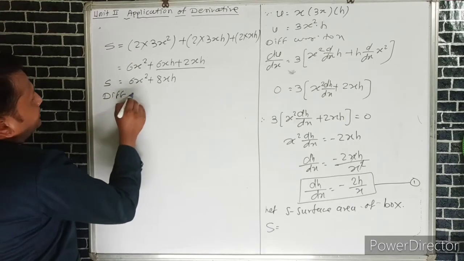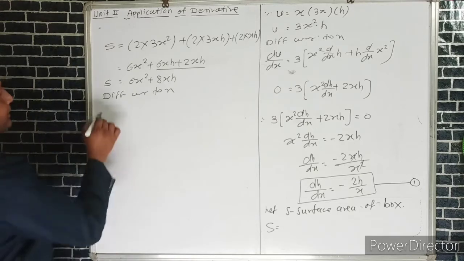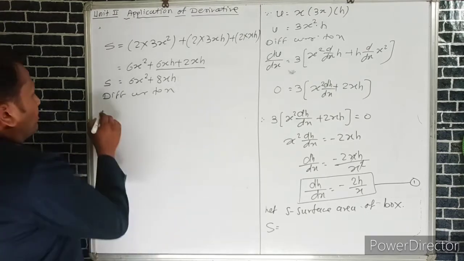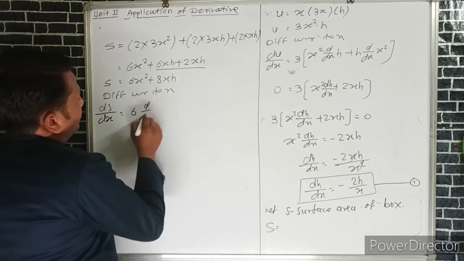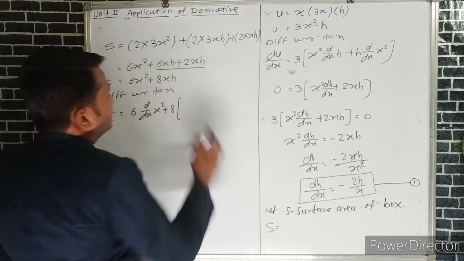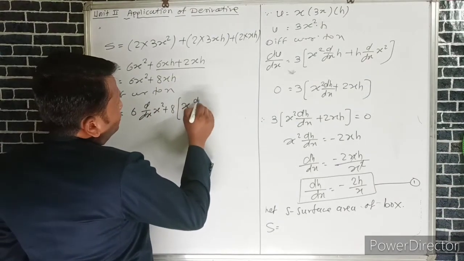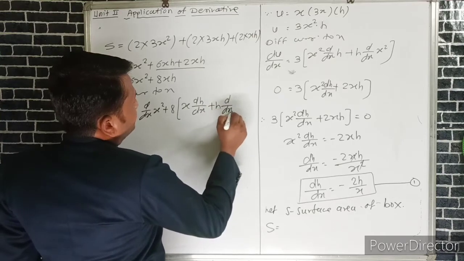If we differentiate this surface area with respect to x, then dS/dx equals 6 into the derivative of x², plus 8 times the derivative of xh, since x and h are both differentiable functions, using the product rule: x into dh/dx plus h into the derivative of x.